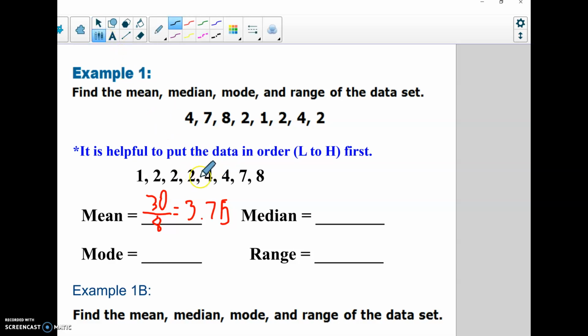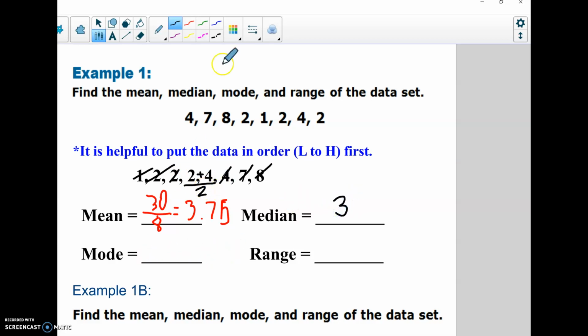But if you can't tell that, what you would do is add together the two numbers that are in the middle. I know that some teachers have you cross off each until you get to the center. Then you add those together, that'd be 6, and then divide by 2. Because there's 2 numbers you added together, you're finding the average of those two. 6 divided by 2 is 3.